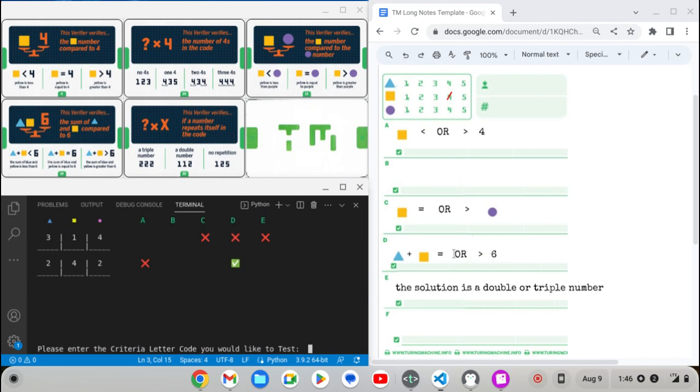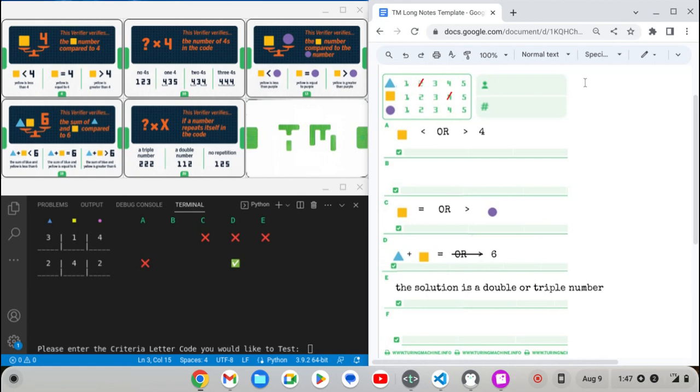Okay, so let's go ahead and cross out the or and the greater than. So we know it's 6. So since square is not 4, that means that triangle cannot be 2, because that's a sum of 6.